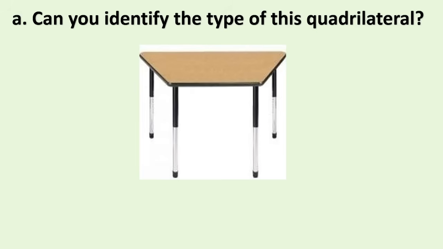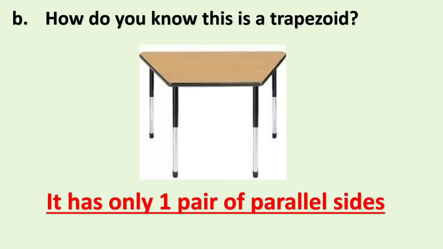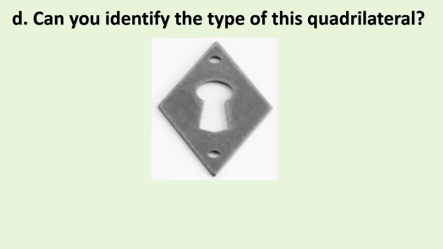Can you identify the type of this quadrilateral? This is trapezoid. How do you know this is a trapezoid? It has only 1 pair of parallel sides. Can you identify the type of this quadrilateral? Rhombus.